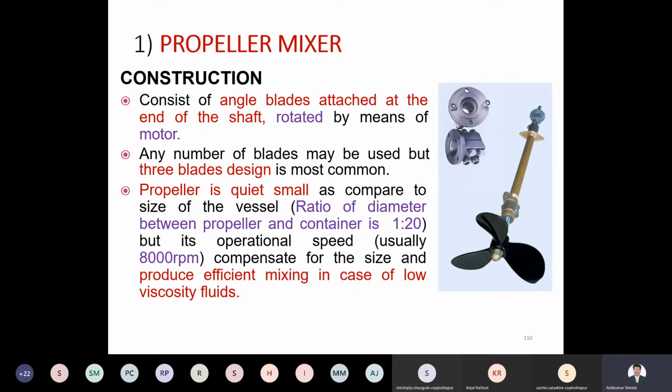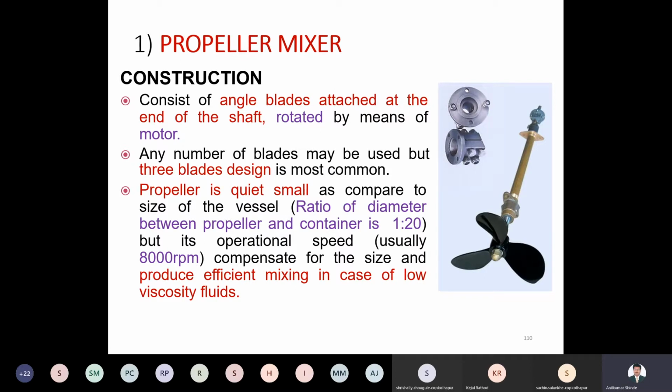The flow pattern is created by the shearing force of these blades. So if you change the proportion of the vessel size and the blade size, efficient or non-efficient flow is possible.